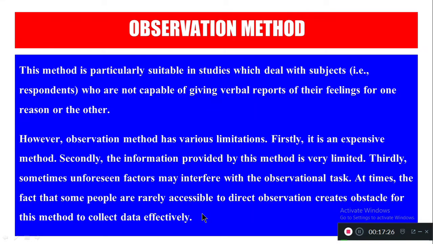If somebody knows that we are observing them, they may not do those activities because of shyness. For example, we are observing what kind of makeup a girl is putting on. If the girl knows that that person is observing the makeup she is applying on her face, then she may not come outside with makeup. So that is another disadvantage in the observation method. Direct observation has this disadvantage.